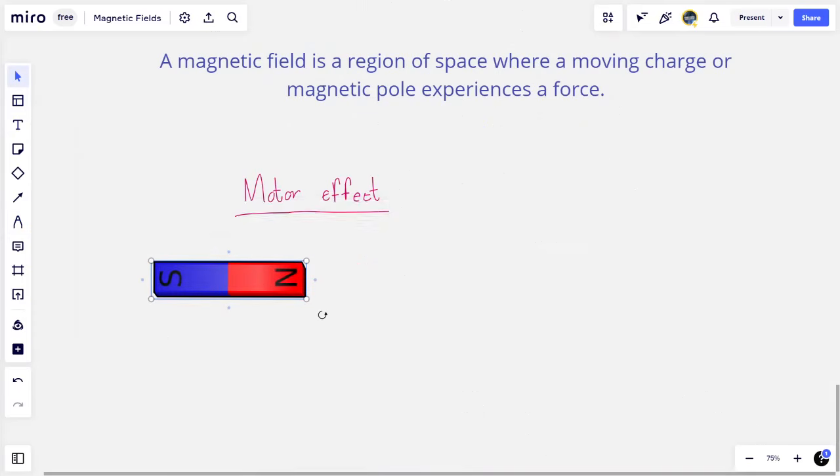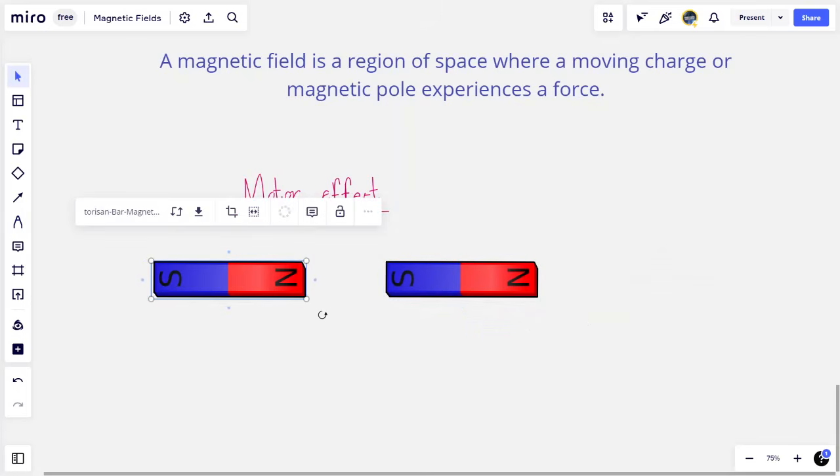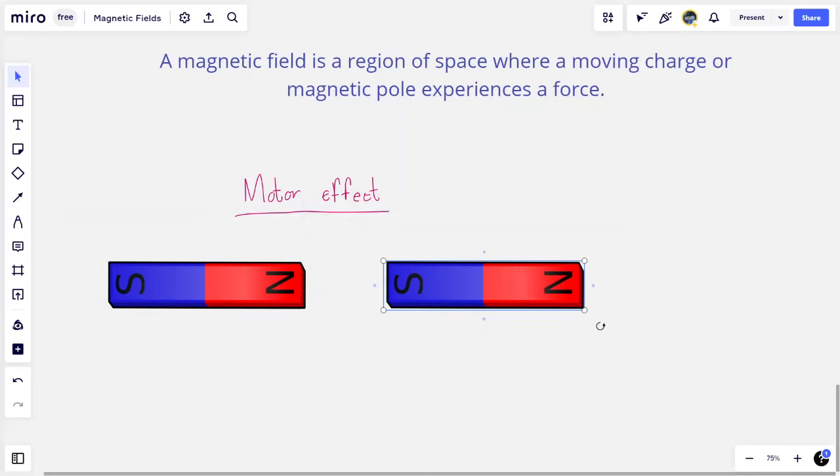Let's say I have the north pole of one magnet facing the south pole of another magnet. Since the north face and the south face are parallel to each other, at least at very close distances, we notice that the field lines will be uniform. We have a uniform field in the region between the faces of bar magnets.